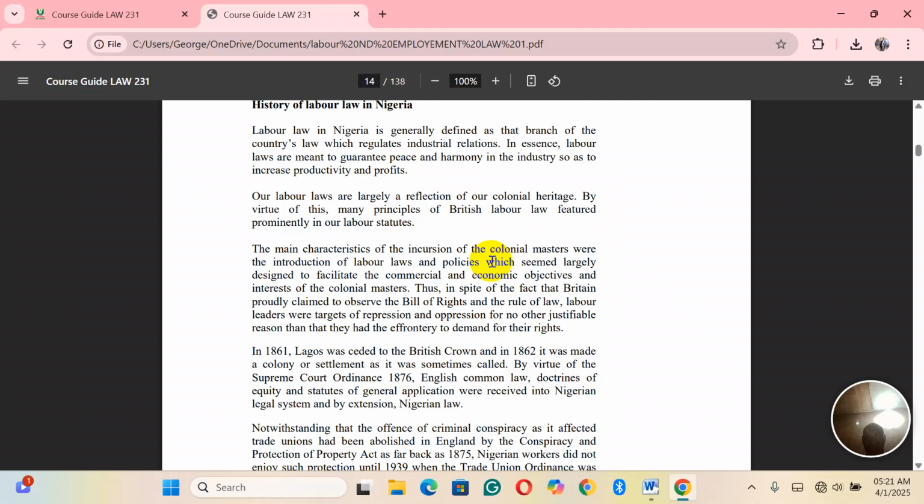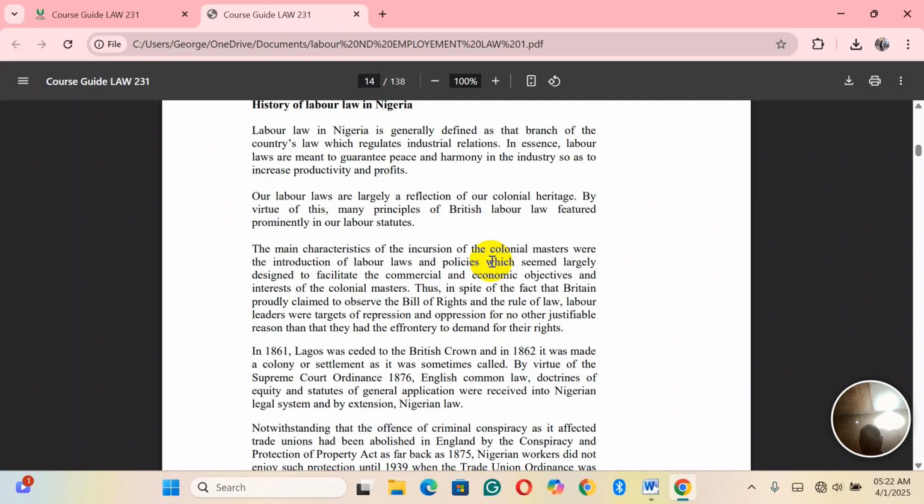Thus, in spite of the fact that Britain proudly claimed to observe the Bill of Rights and the rule of law, labor leaders were also targets of repression and oppression for no other justifiable reason than that they organized effectively to demand their rights.